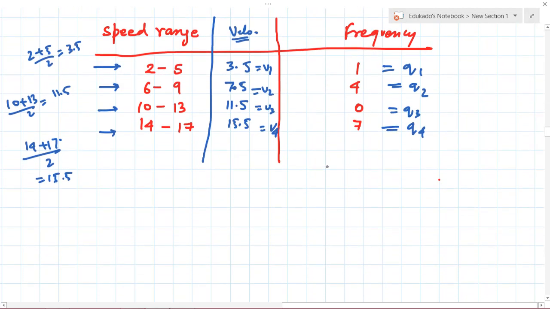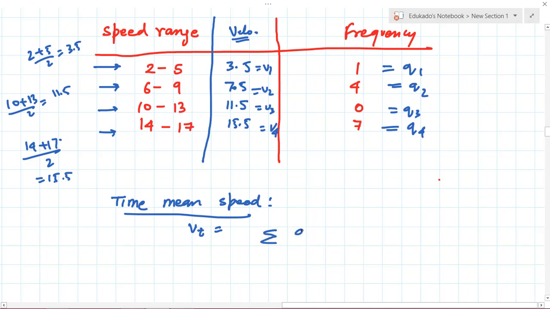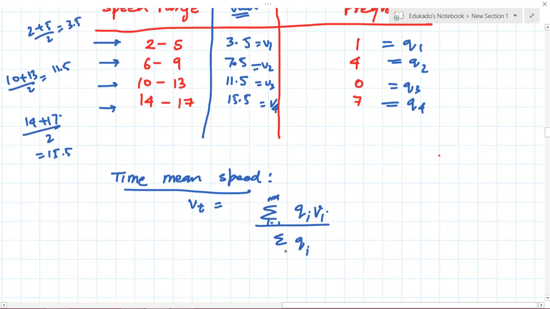Now I need to calculate the time mean speed, Vt. It will be equal to the summation of the number of vehicles passing with each velocity, divided by the total number of vehicles passing, where i goes from 1 to n equals 4.